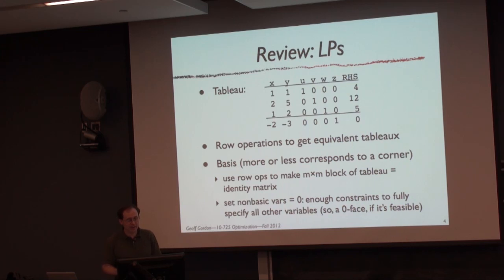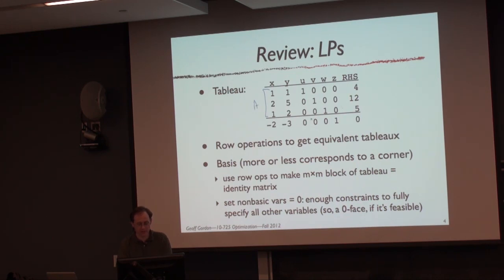So we also talked about the Tableau representation of linear programs. So Tableau just means table. I don't know why they use the fancy word, but it's tradition. So here's an example Tableau. It corresponds to our favorite linear program. So here, this is the A matrix, right?